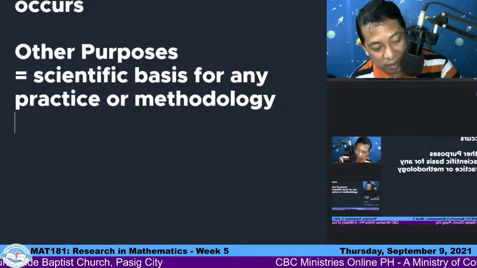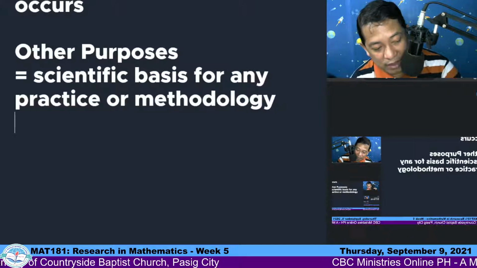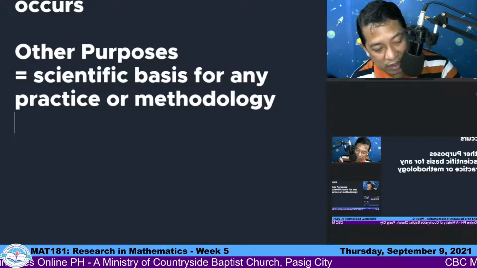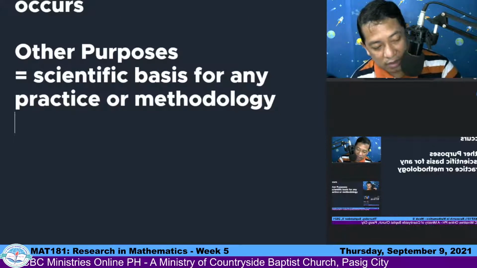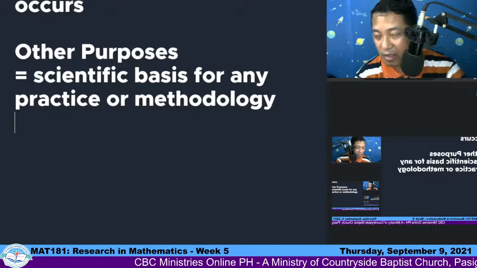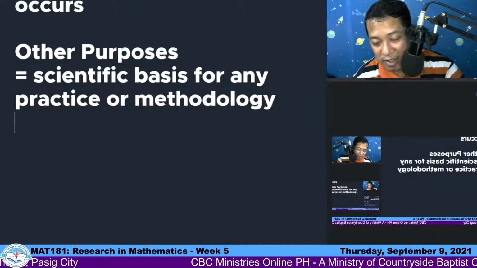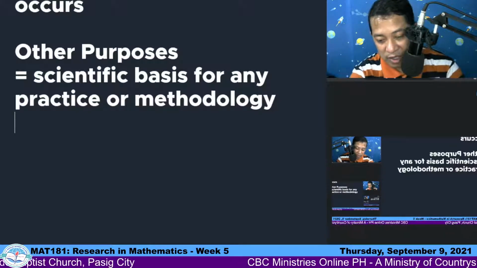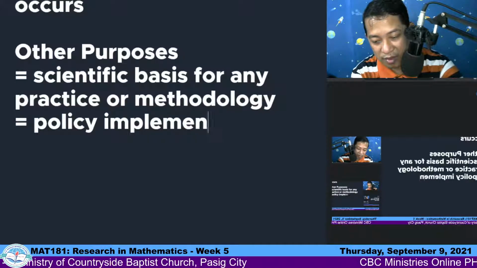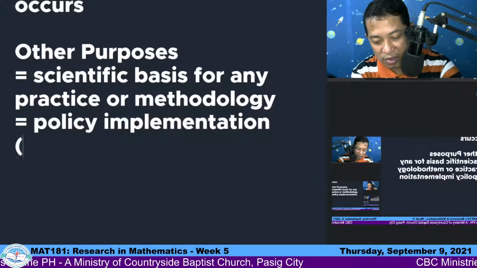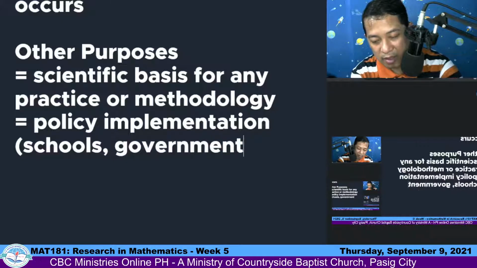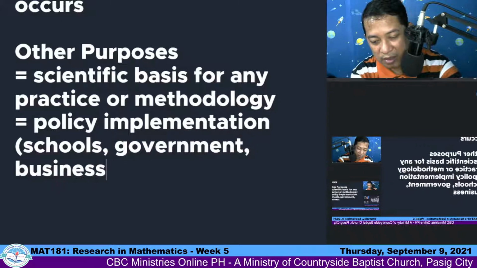Alright, so those are one. So this is important since the interest of the entire operation and all of the members of the institution or organization is at stake. So yung mga practice, any practice or methodology in the field, lalo na for policy implementation, no? So there must be a scientific basis, no, for policy implementation, most especially not only for schools but of course for government and businesses as well, no?